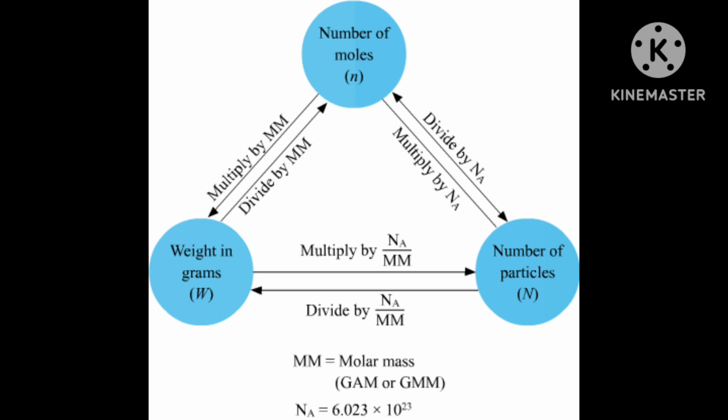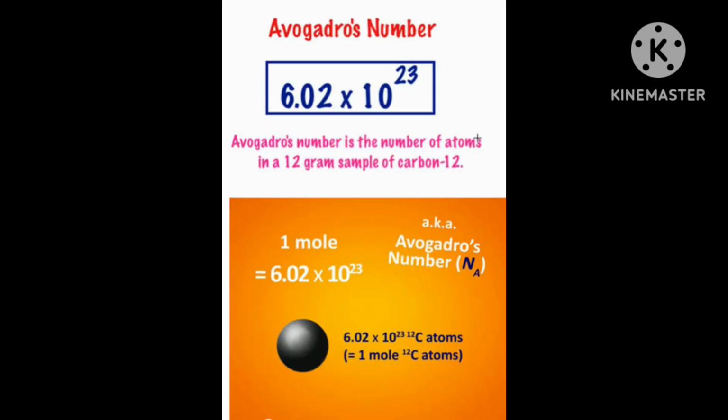In general, it is the number of particles present in 1 mole of the substance. If you do not know whether it is an atom or molecule, and you only want to tell the Avogadro number, then do not say atoms or molecules. You say only particles.